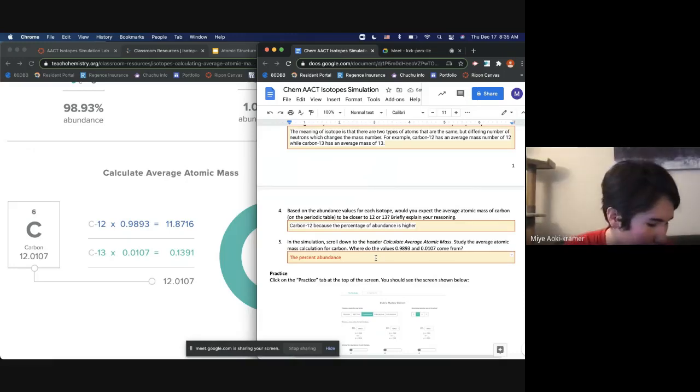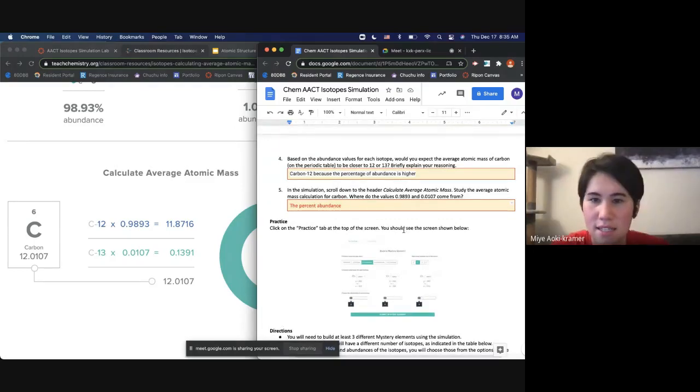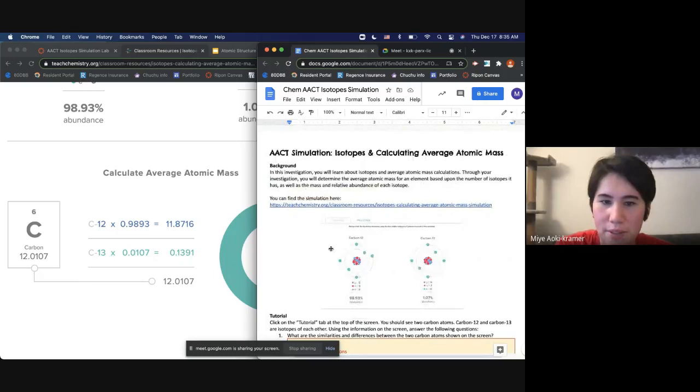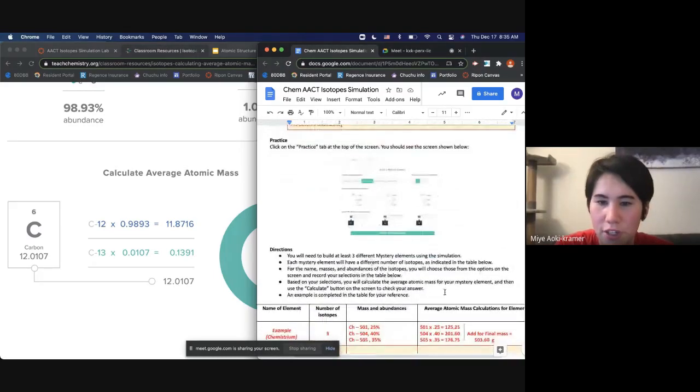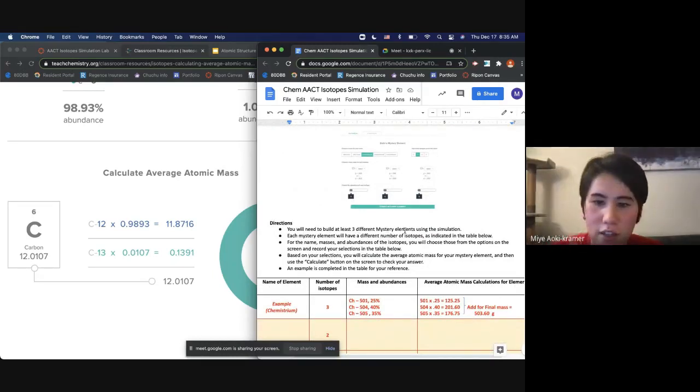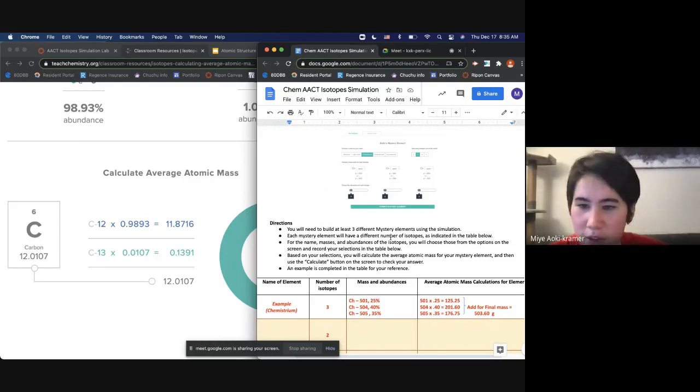All right, so now you're going to need to open up your own AACT simulation, and the link again is just up here at the top. And you're going to go through practice, and so you're going to need to build at least 3 different mystery elements using the simulation. For each mystery element will have a different number of isotopes as indicated in the table below.